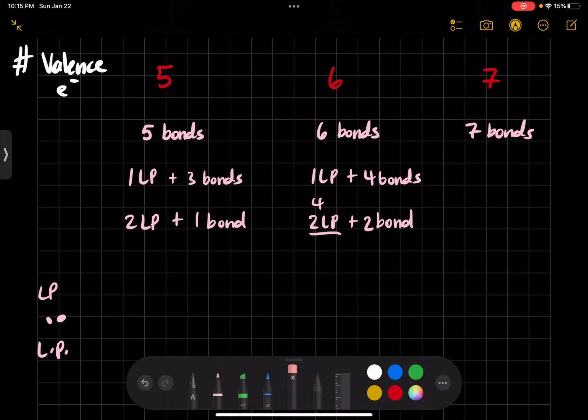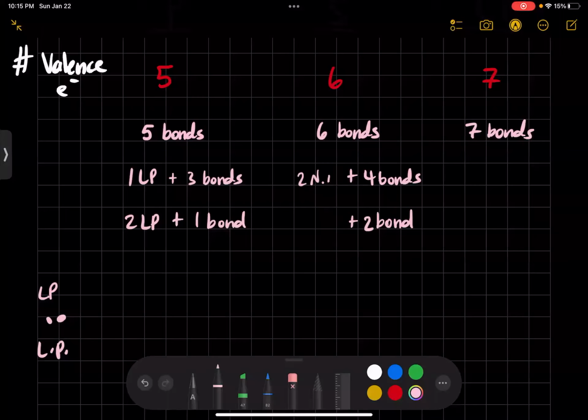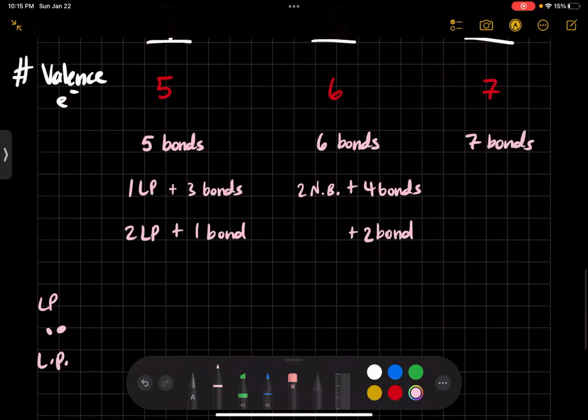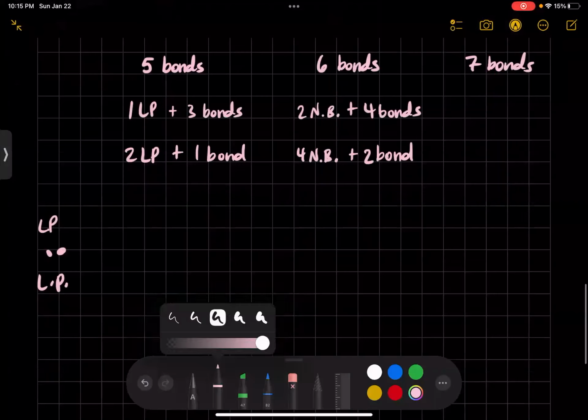Okay, let's go back and do it the same way that I was doing it for phosphorus. Here, let's say I have 2 non-bonding and 4 bonds. Okay, good. That's 2 plus 4 equals 6, according to this equation. And here, let's say I have 4 non-bonding. I can only have an even number of non-bonding electrons. If I have an odd number of non-bonding electrons, then everything goes nuts. And then 4 plus 2 equals 6.